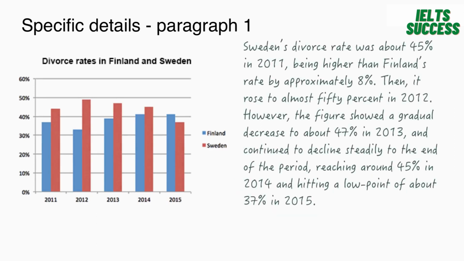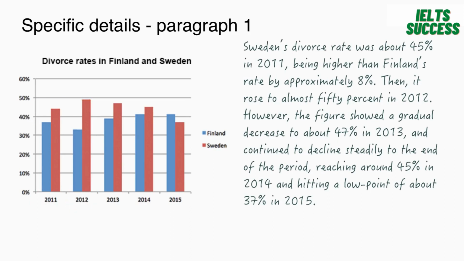And here's how I organized the paragraph with Sweden's specific details. Sweden's divorce rate was about 45% in 2011, being higher than Finland's rate by approximately 8%. Then, it rose to almost 50% in 2012.